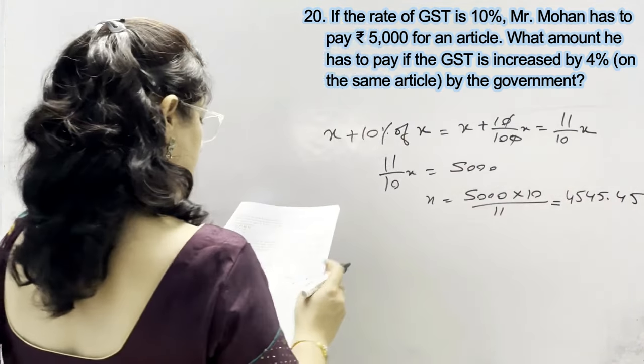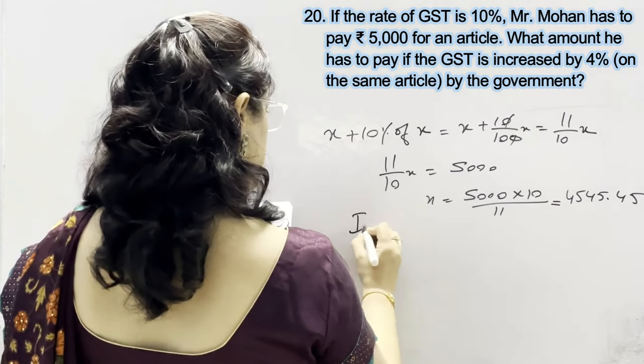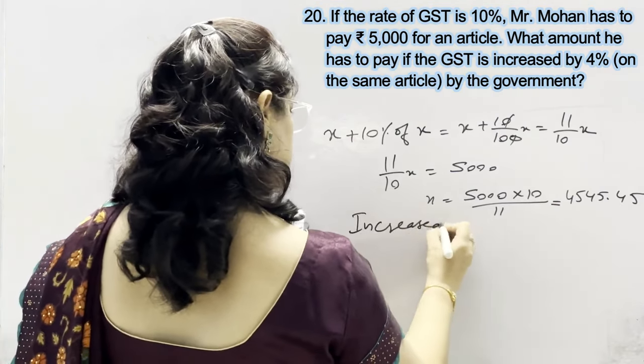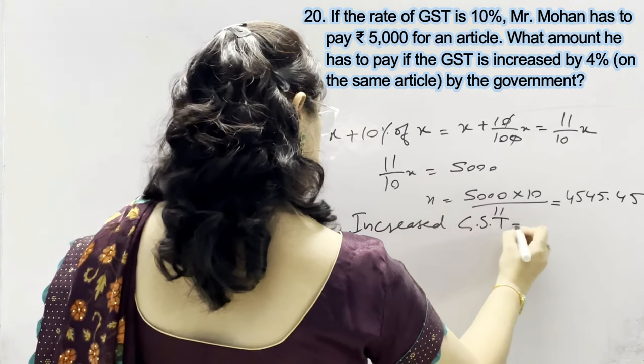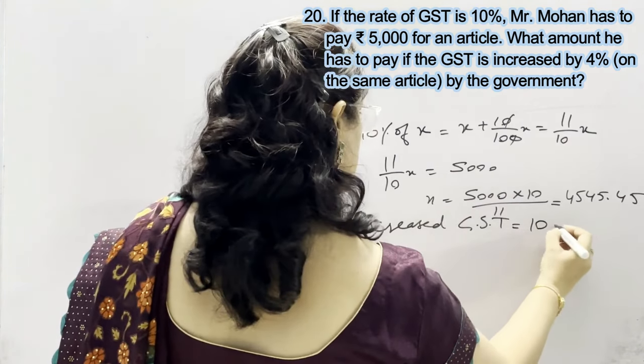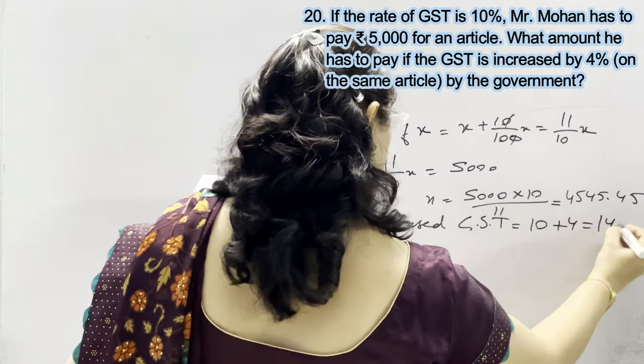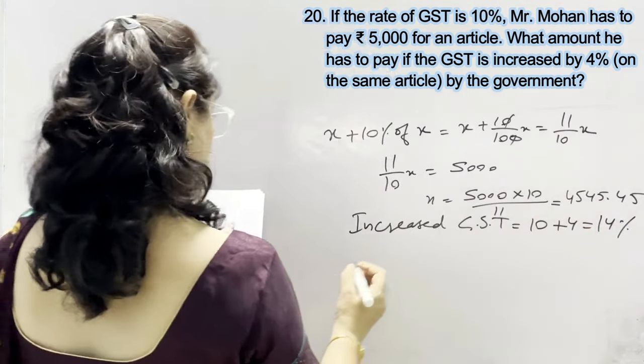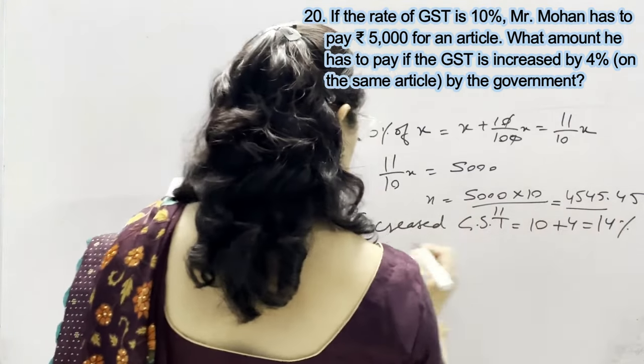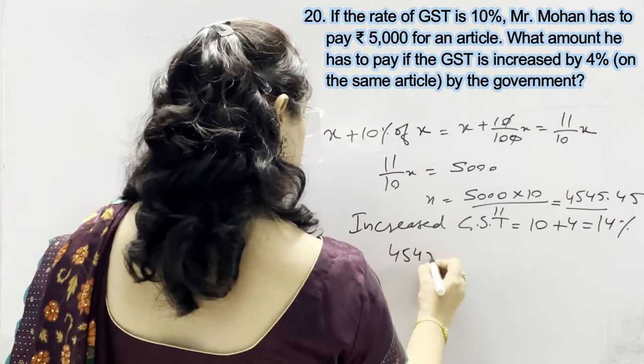4545.45. Now the increased GST. In the second case, the GST is 10% initially and then 4 more, it means 14% is the total GST rate now, and the approximate value is rupees 4545.